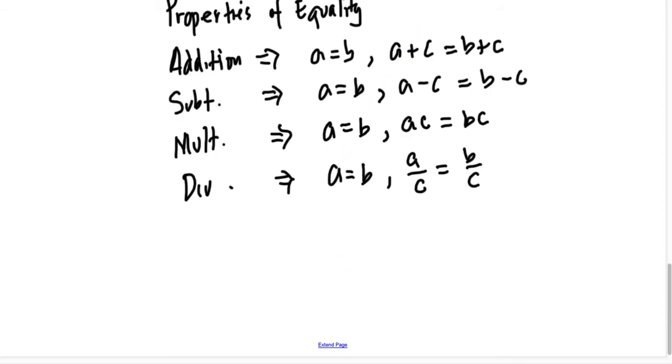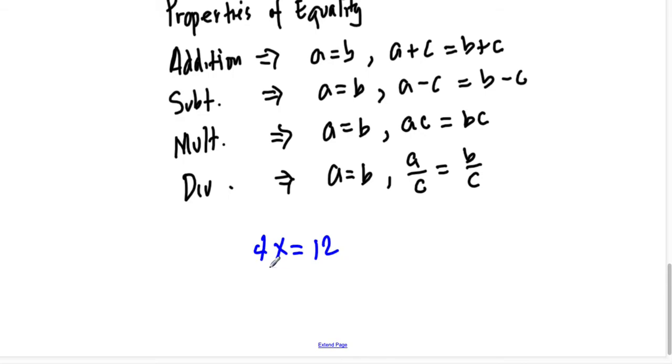Now let's see how these properties of equality can be used to solve, let's say, 4x is equal to 12. Let's ask ourselves, 4x is what operation? We know that 4x is a multiplication operation.